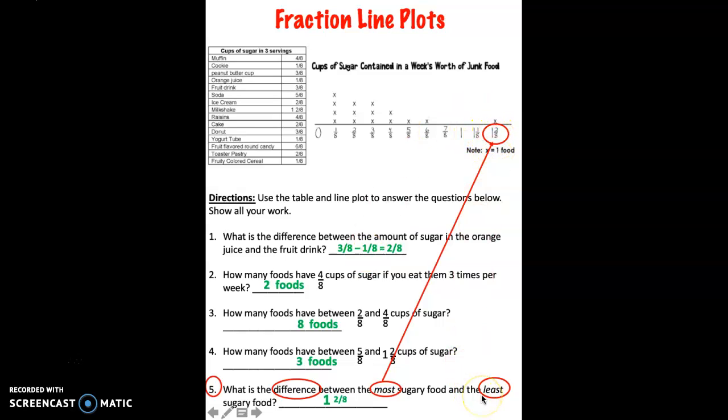And the least sugary food, which is 1/8. I'm going to subtract 1/8, the least sugary food, from 1 and 2/8, the most sugary food. When I subtract 1 2/8 minus 1/8, I get 1 1/8.